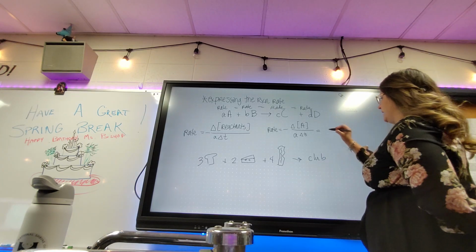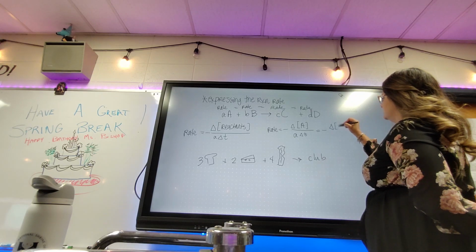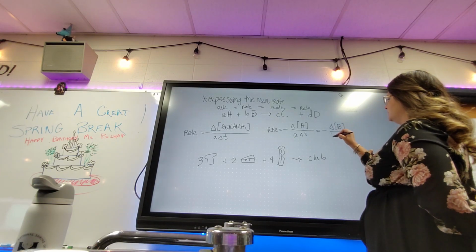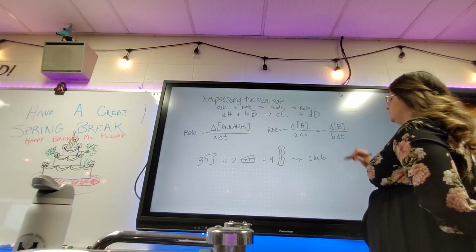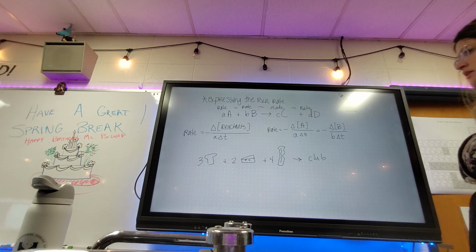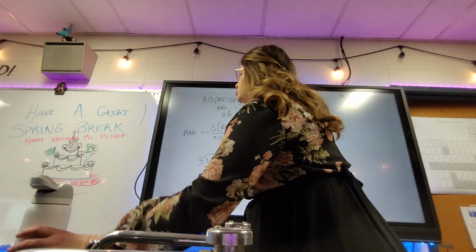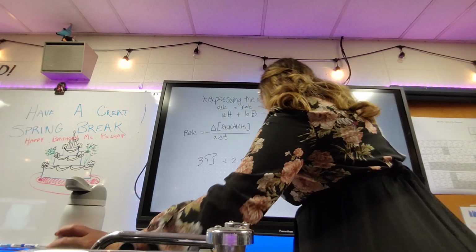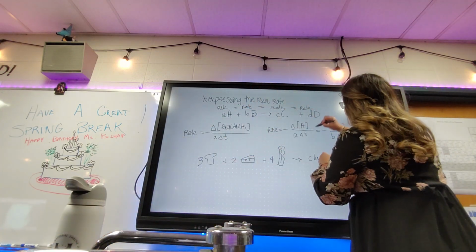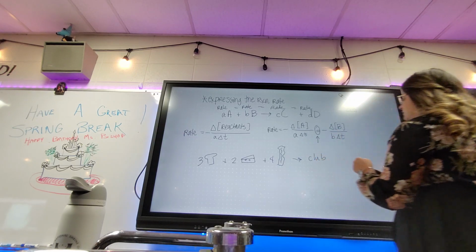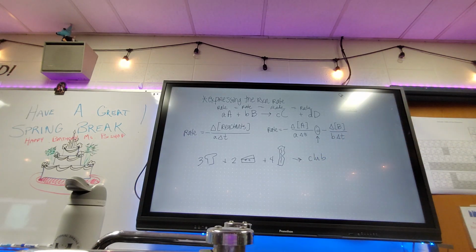B is also a reactant, so I'm going to need that negative sign. I will have change in concentration of B divided by lowercase b, the stoichiometric coefficient, times delta T. And numerically, those 2 numbers should be the same. How do I know that? I put an equal sign in between them. So mathematically, that means that those numbers have to be the same.